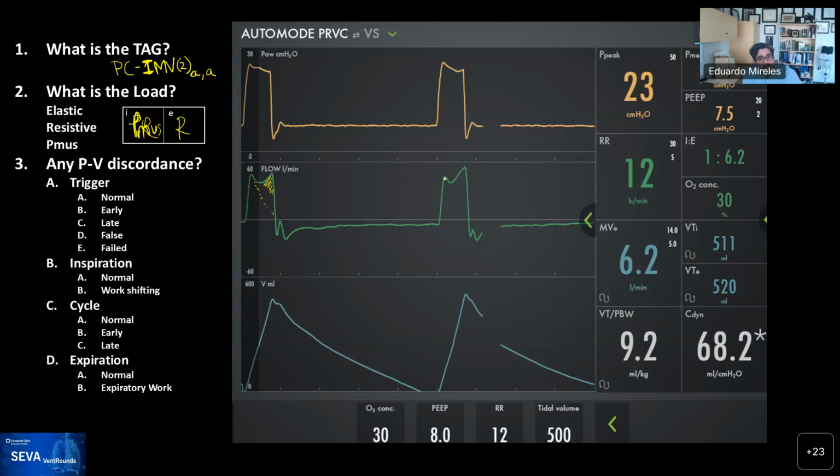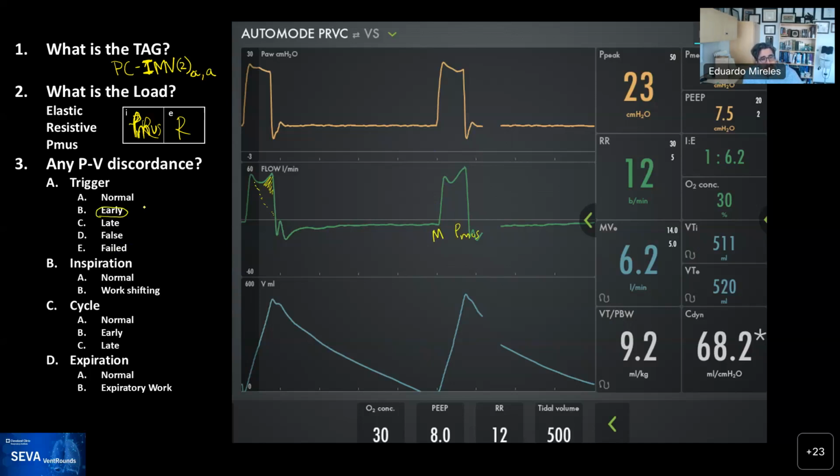One of them is reverse trigger, which was the case in this particular patient, in which with every single breath, even if we dropped the rate, she would trigger a breath. So this is early trigger, and the subtype probably would be what we call reverse trigger.